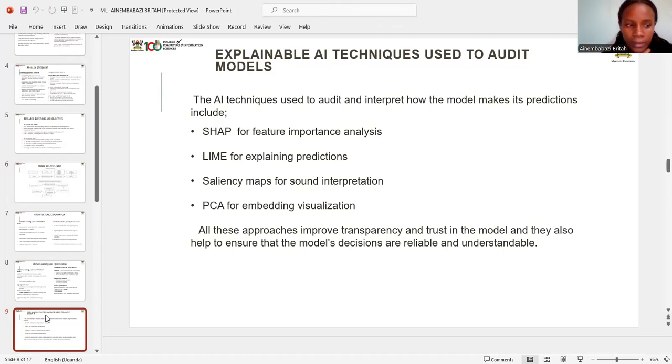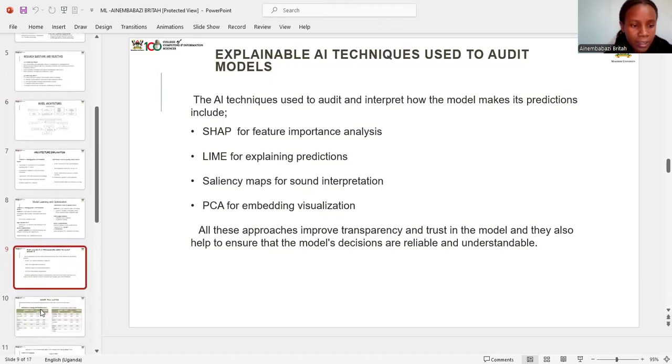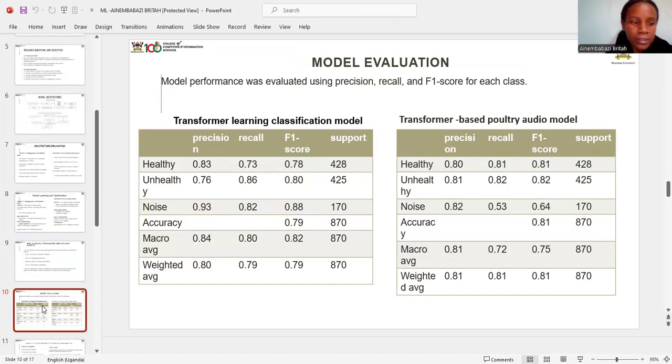Afterwards, I looked at the evaluation of these two models and their performance. It was evaluated using these metrics: accuracy, precision, recall, and F1 score.